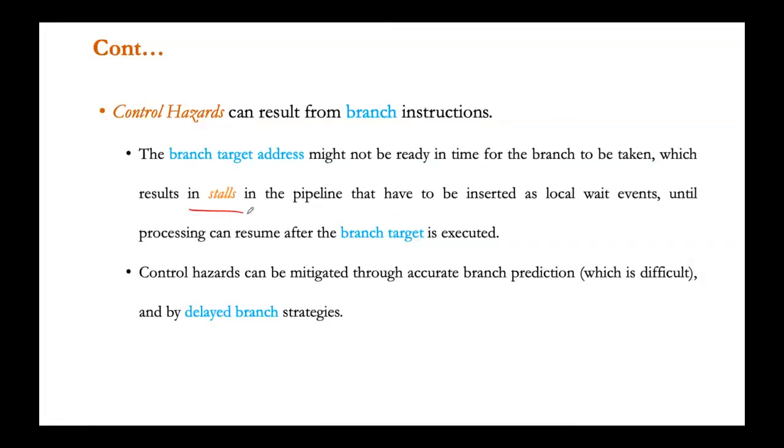This results in stalls that have to be inserted in the pipeline until processing can resume after the branch target is executed. Control hazards can be mitigated through accurate branch prediction, which is difficult, or by delayed branch strategies.